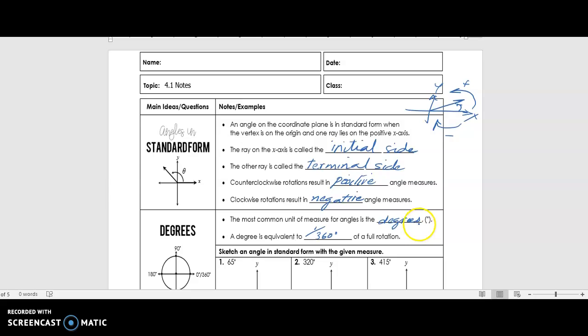So this whole thing here is 360 degrees. If you make 360 divisions, then 1 degree is 1/360th of all those divisions. It's 1 division out of 360.